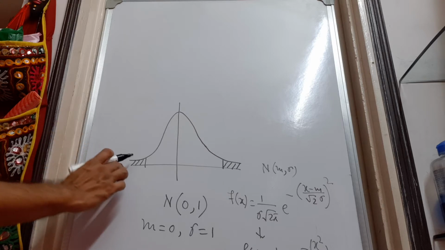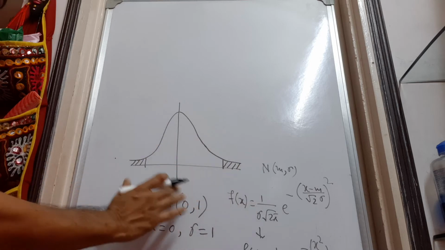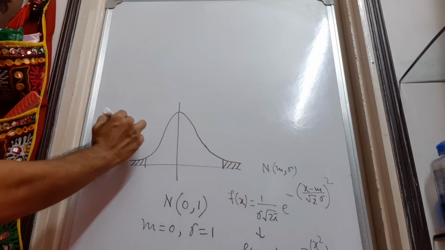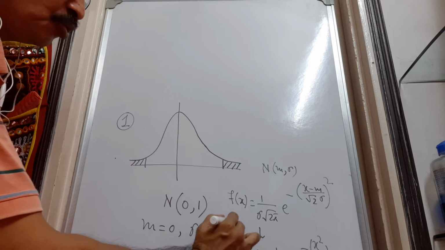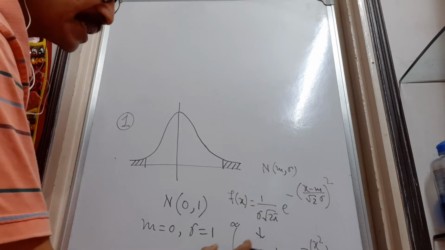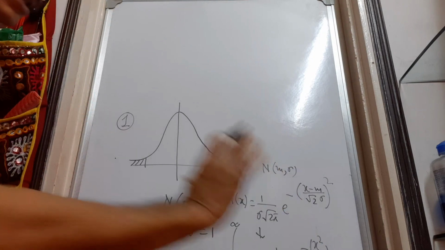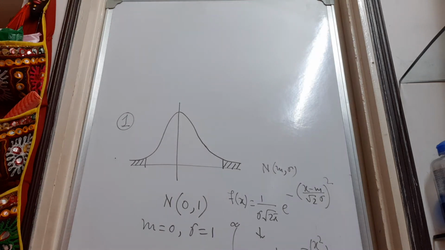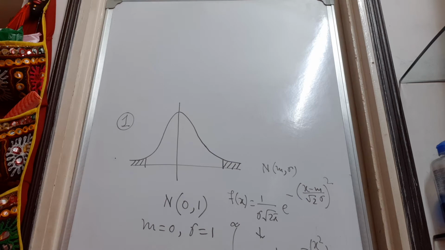Now, this is the normal distribution curve, and the total area under this curve is 1, as we know that the integral of f(x) dx from minus infinity to plus infinity gives us 1. Now, why is this normal distribution curve so important in statistical inference and statistical analysis?